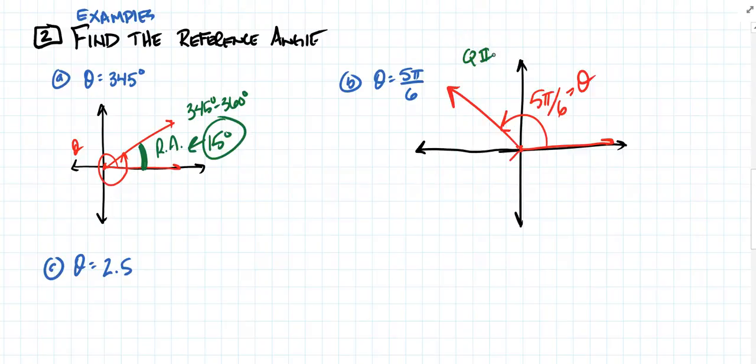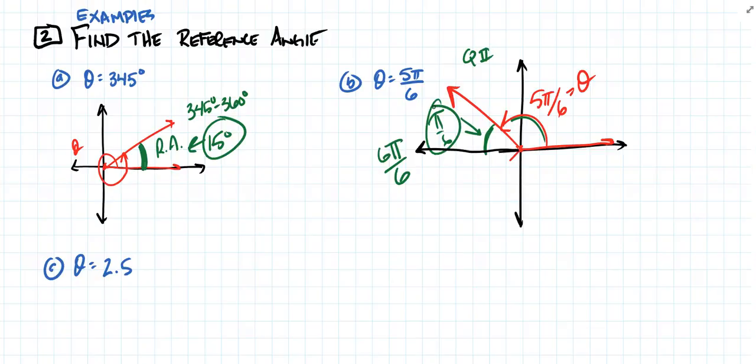So the reference angle in quadrant number 2 is the angle that's left over in between the terminal side and the x-axis. You have to remember that this is equal to pi, and another way to represent pi is 6 pi over 6, and this angle is 5 pi over 6, so the part in the middle, the leftover part, is just an angle of 1 pi over 6. Therefore, the reference angle that we were looking for is pi over 6.